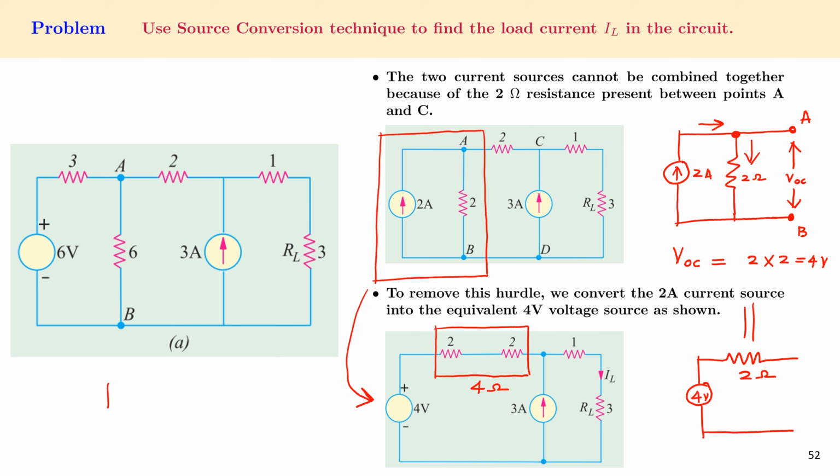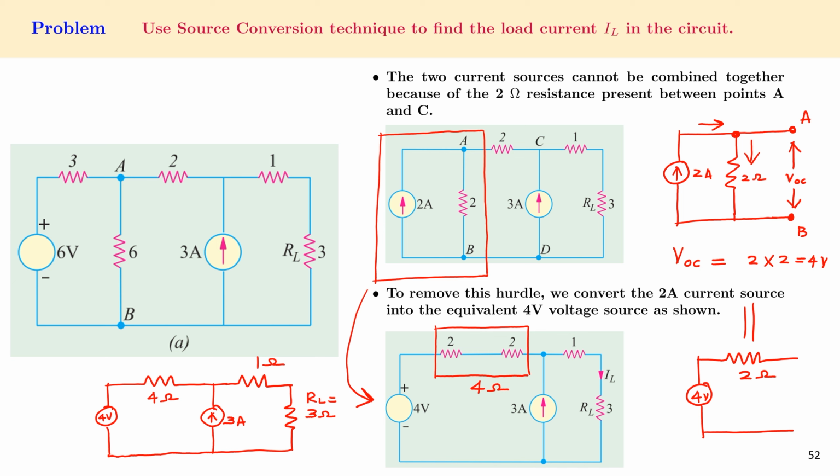That is, we have simplified the circuit to 4 volts in series with 4 ohms, and then the 3 ampere current source, the 1 ohm resistor, and the load resistor RL of 3 ohms.